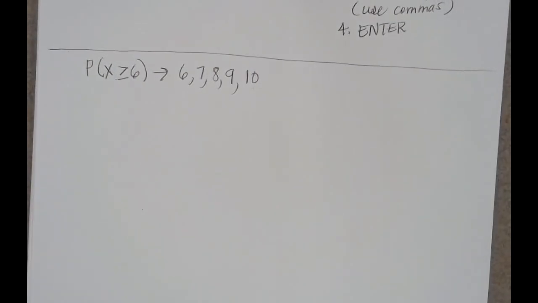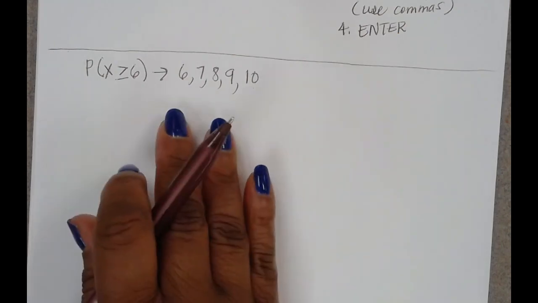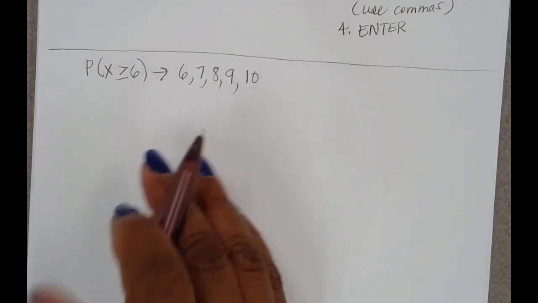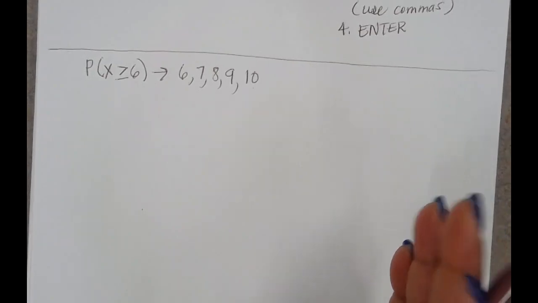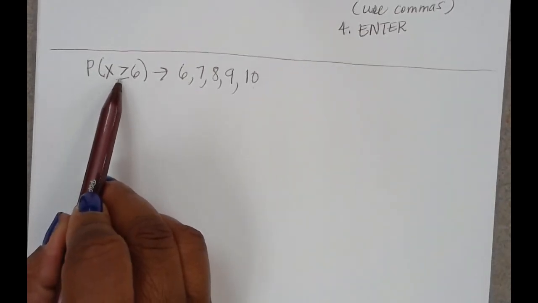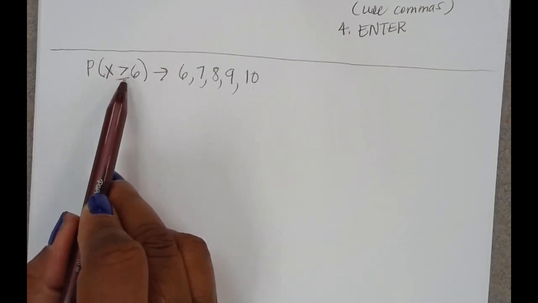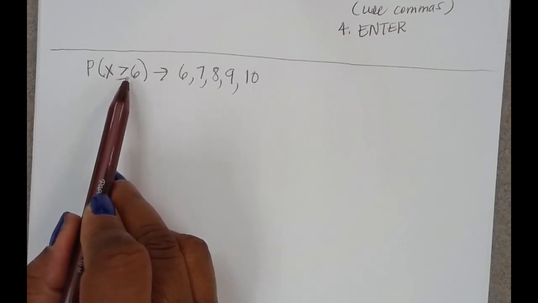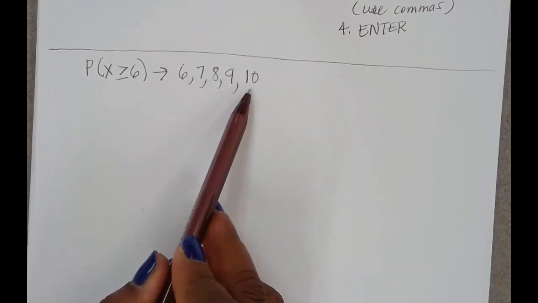Well, let's think about what it is not. Okay? So the numbers that are not included here are 0, 1, 2, 3, 4, and 5. So I need to try to write this inequality statement using the less than symbol that will include these values so that I may be able to use my calculator.